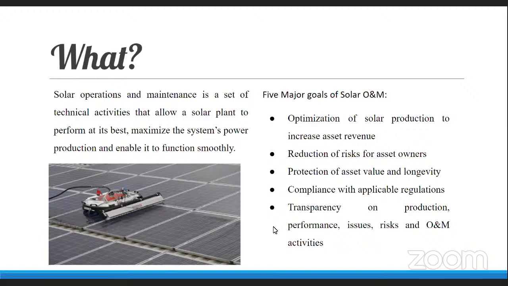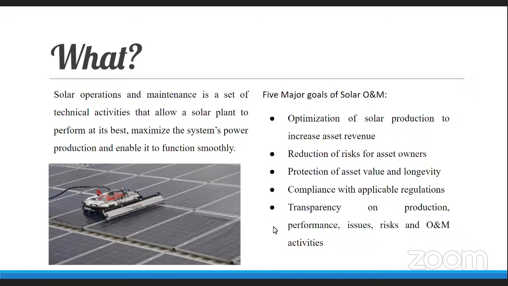If a plant is not managed properly, is not maintained properly, then it can lead to even fire, a short circuit, or any other thing. So, in that sense, a well maintained plant reduces the risk for asset owners. The third goal is for the protection of asset value and longevity, as we have already discussed.